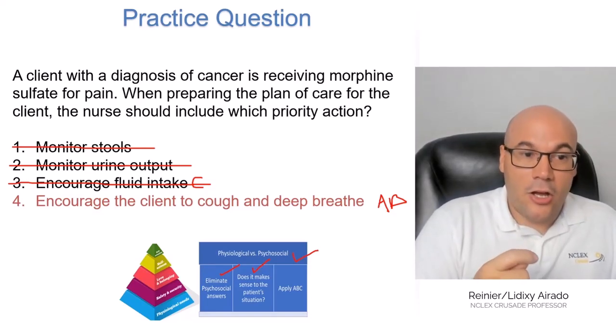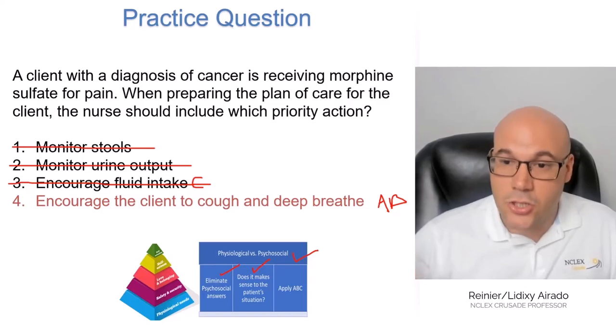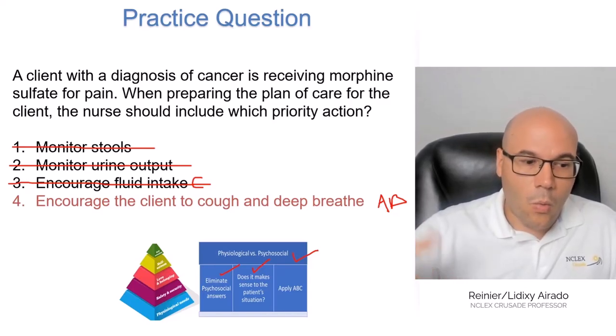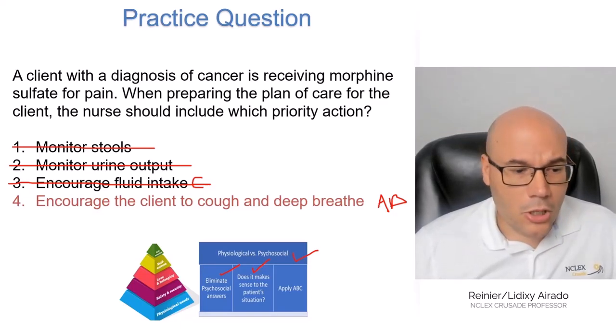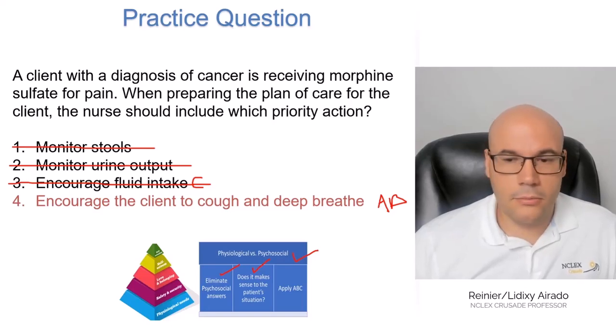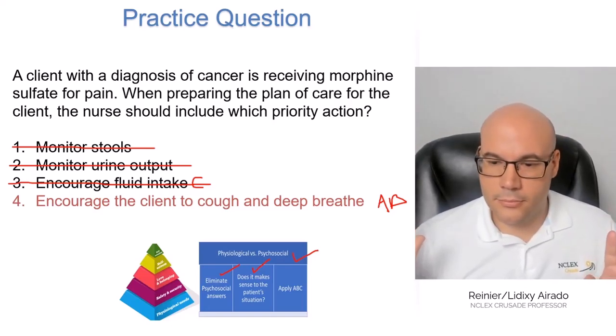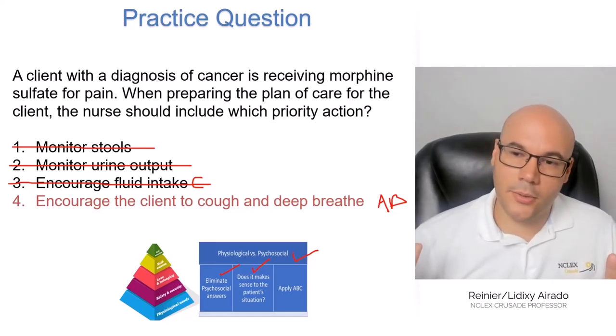Here several of these answers make sense. What is the priority? Is stool circulation? No. No circulation in stool. Where is the circulation in stool?